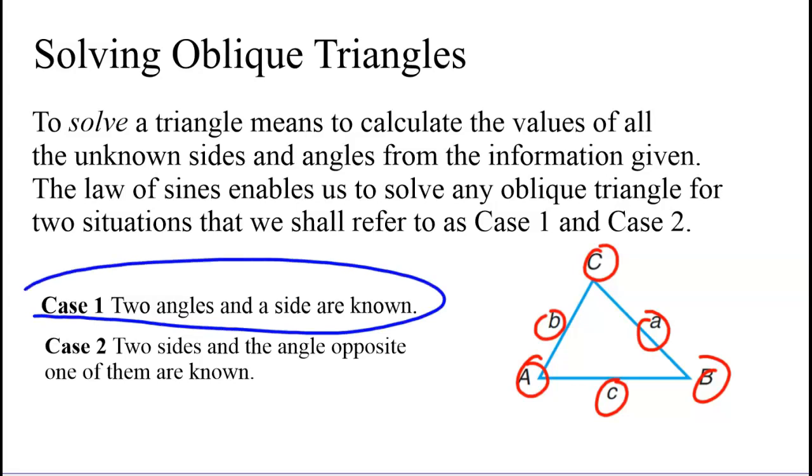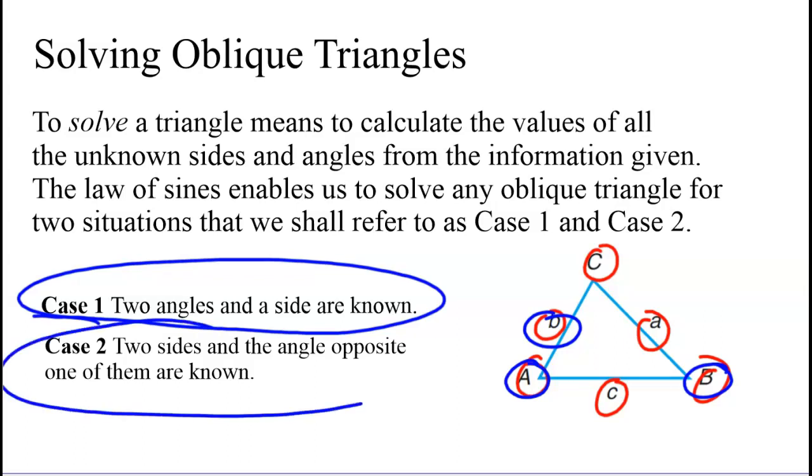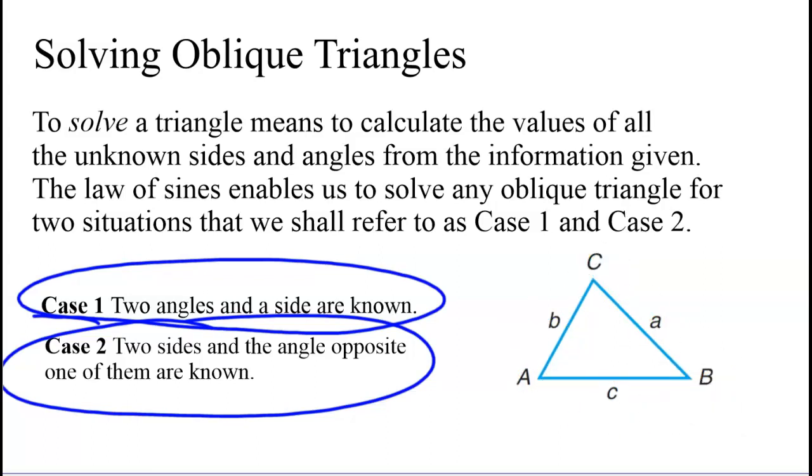Case two is when two sides and an angle opposite one of them are known.